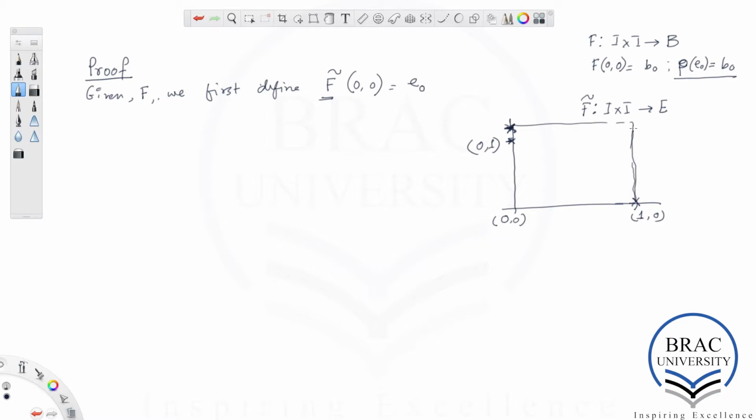We have this square, which is I cross I, and this edge is I cross 0, and this edge of the rectangle is 0 cross I.